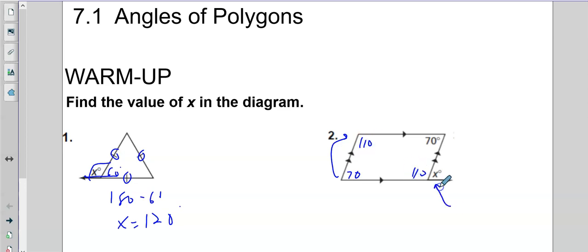So right here, 180 minus 110 would be 70. The other way to know it is, since these are parallel lines, then this angle here and this angle here are alternate interior angles. And therefore, since these lines are parallel and this is a transversal, we have alternate interior angles. So more than one way to figure it out.